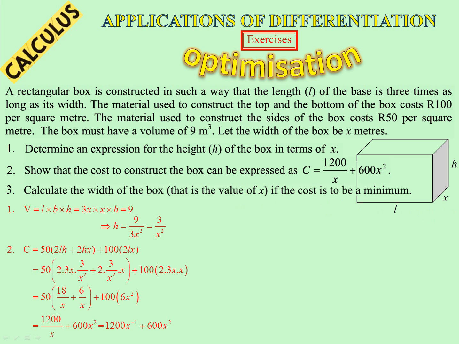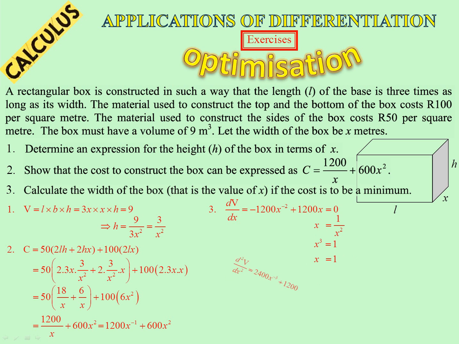Now we have to calculate the width of the box if the cost is to be a minimum. So we're going to find the value of x for that to be a minimum. We differentiate, put equal to 0, and solve for x. Oh, x is 1.